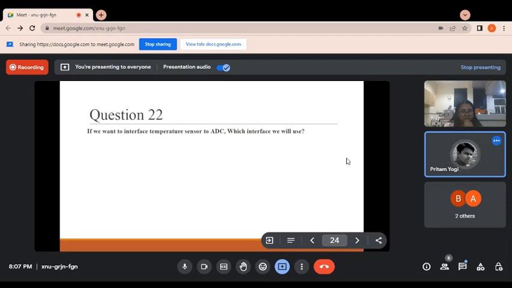So the Arduino board. Okay, but there is a specific device used for accuracy or to get higher resolution, where the temperature sensor is connected to the ADC. To the signal processing, that is the op-amp. Yes, the signal conditioning.